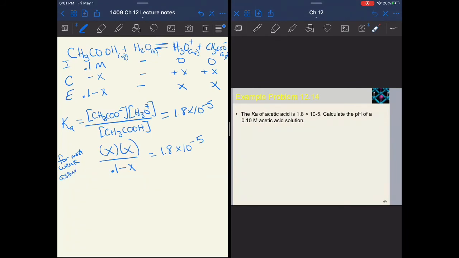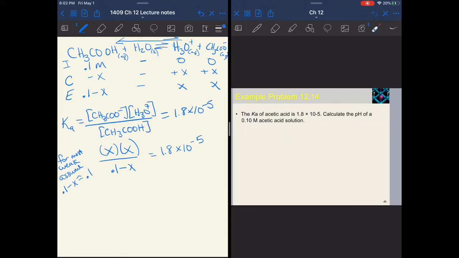Assume that 0.1 minus X is about equal to 0.1. The reason for that is because for most weak acids, the equilibrium lies so far in the direction of the starting materials. And so the forward reaction is actually very small.